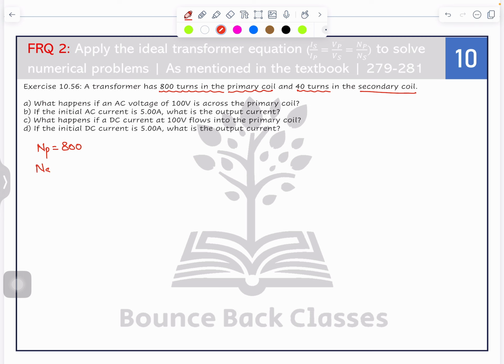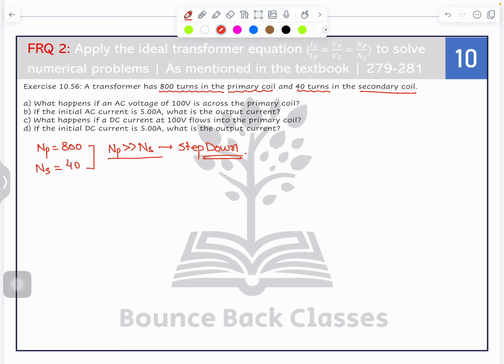Okay, so NS is equals to 40. Okay, from this, can you understand which type of transformer is this? Can I say NP is greater than NS. So it means this is which one? NS is small, that is called step down. This is the step down transformer.